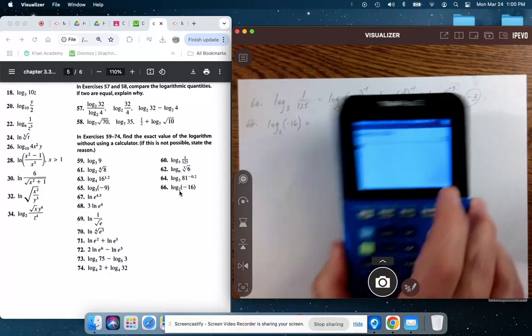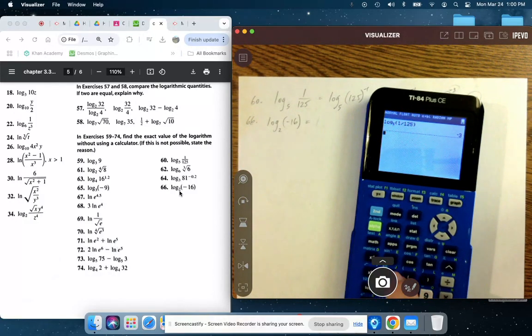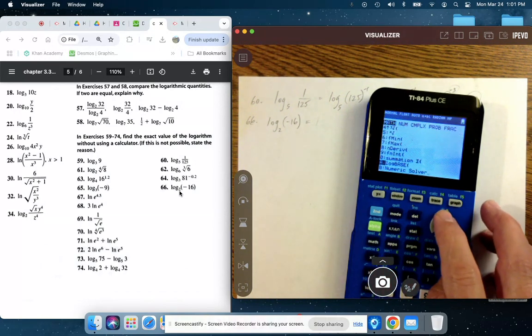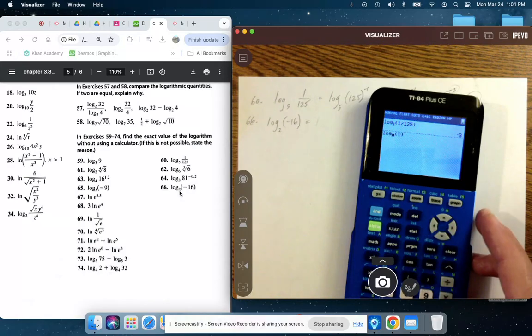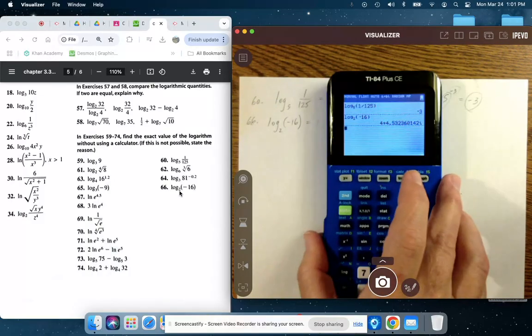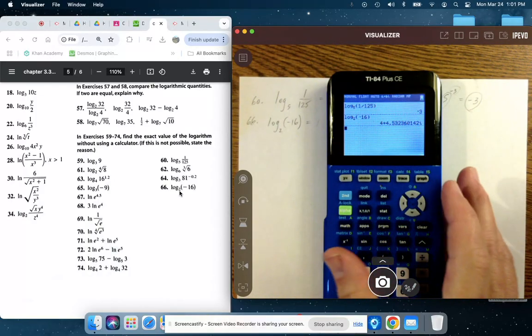So there's the problem. So if I do math, base 2, and if I put 16 in here, I'm going to get an error. Nope, I get imaginary number. So it can't be done, right?